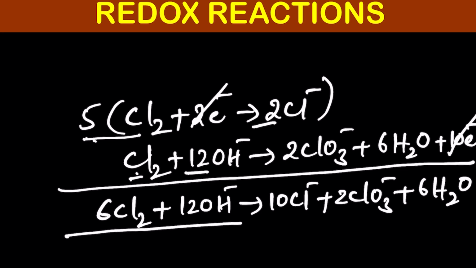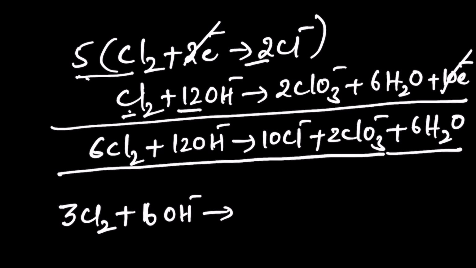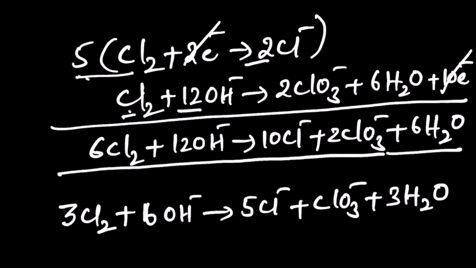I will take 2 as a common factor, so divide the entire equation by 2. So the final equation becomes 3Cl2 plus 6OH minus gives 5Cl minus plus ClO3 minus plus 3H2O.